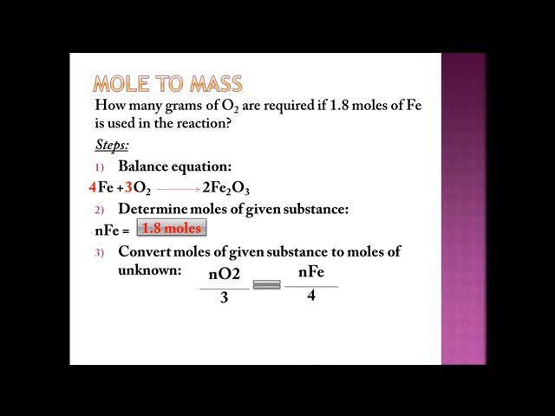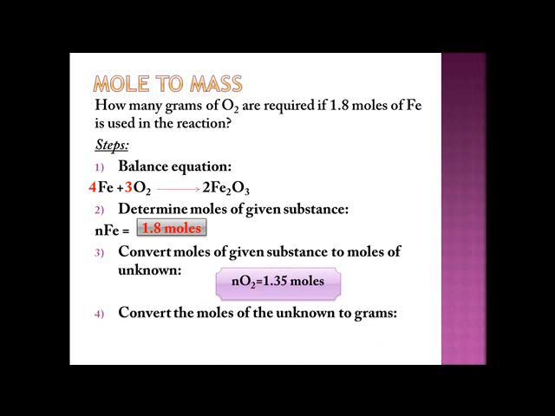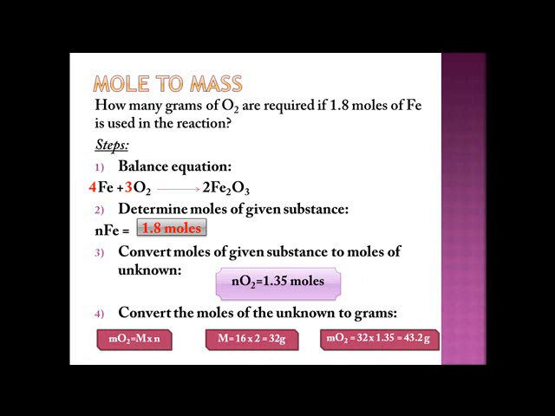Then we cross multiply to get the number of moles of O2, which will be 1.35 moles. After that, we have to convert the moles of the unknown to grams by multiplying by the molar mass. The molar mass of oxygen is 16. 16 times 2 is 32. 32 times 1.35 will give us 43.2 grams of O2.